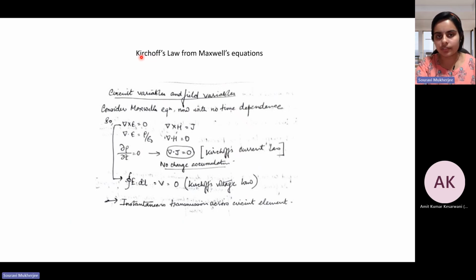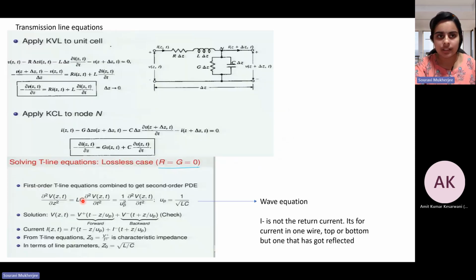This is how one can start from Maxwell's equations and go to the Kirchhoff's law limit. Essentially it means that there's instantaneous transmission across circuit elements in these cases, with no delay. So that's one particular limit of Maxwell's equations.